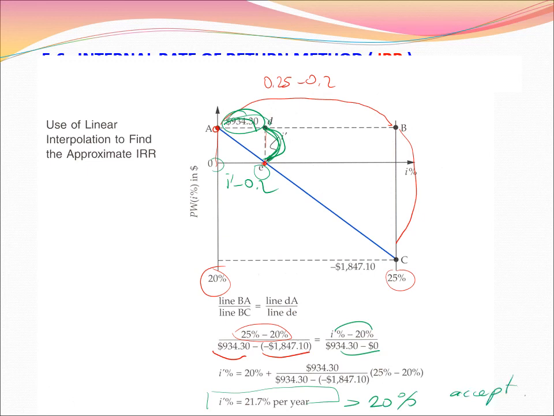You can say that, why are we trying this hard? Because in present worth and future worth methods, simply we don't need to do these calculations. We just find the present worth using the MAR, and we would see if it is larger than 0 or not easily.